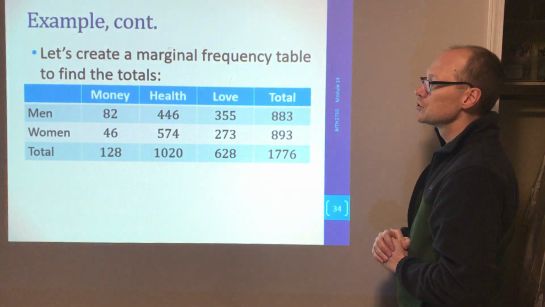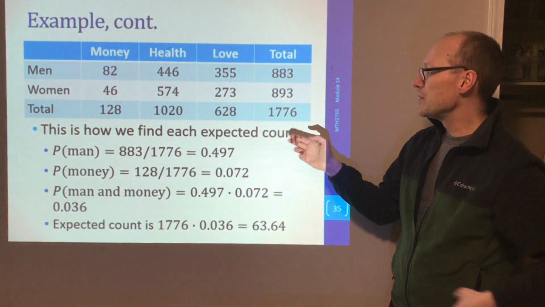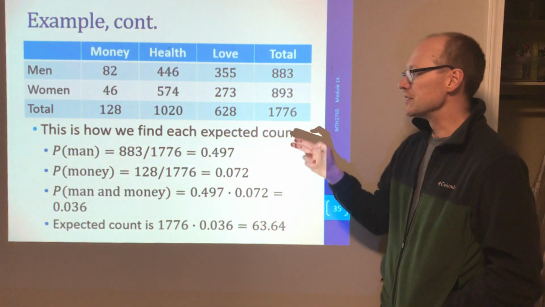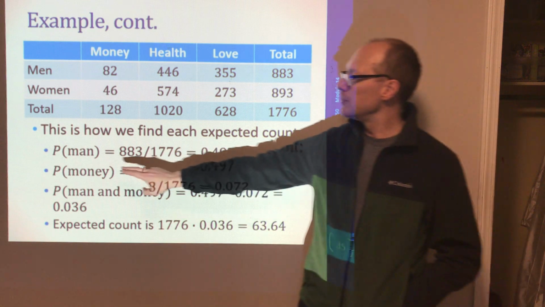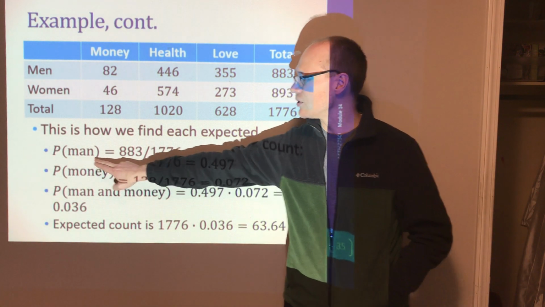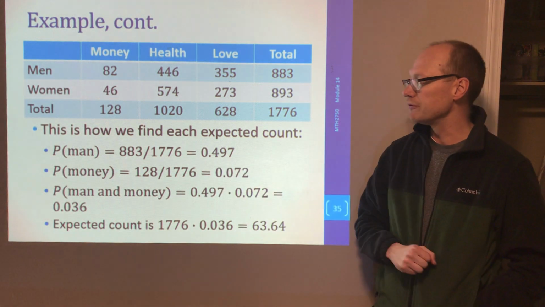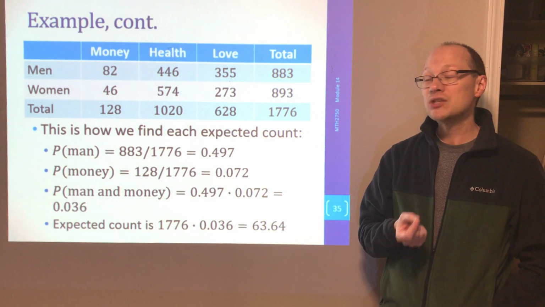Next slide. So what we find out is the whole idea of that multiplication rule. StatCrunch finds it. But we would find each expected count by asking: what is the probability that a person in this survey is a man? That is 883 over 1776, which is 0.497. What's the probability that a person in the survey chose money?